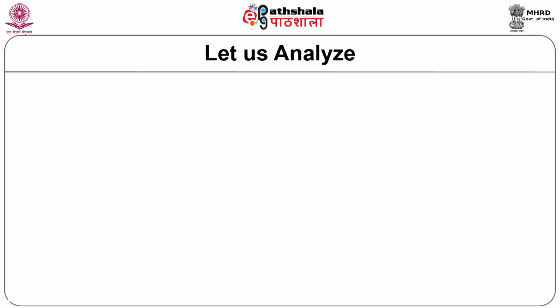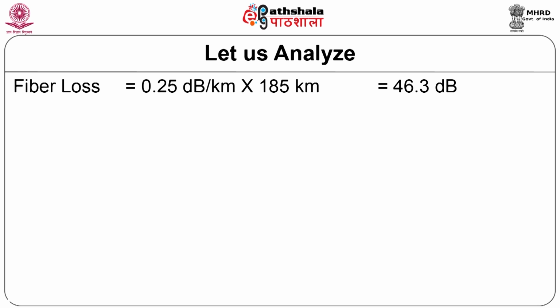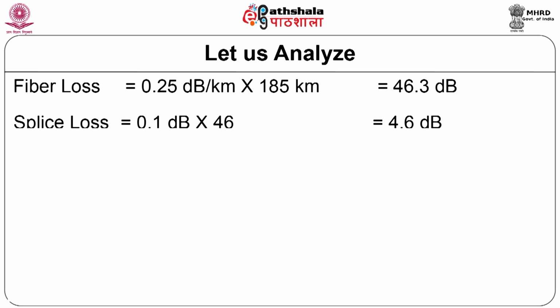The first and the important parameter is the fiber loss. The fiber loss is 0.25 dB per kilometer into 185 kilometer, where 0.25 dB is the attenuation loss and 185 is the total length of the fiber. So, the fiber loss is 46.3 dB. Splice loss 0.1 dB into 46 because there are 46 splices.